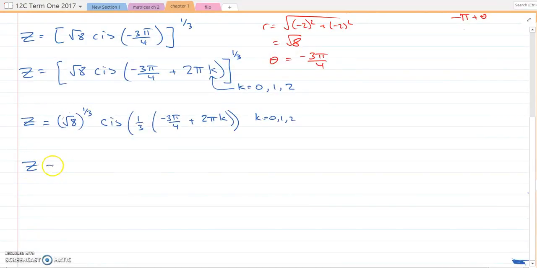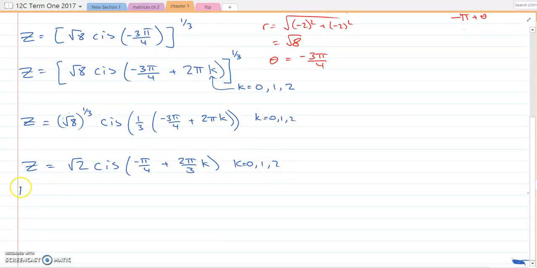The square root of 8 to the 1/3 power is the square root of 2. Then I multiply the 1/3 out into the brackets: I get minus pi over 4, because the 3 and 3 cancel, plus 2 pi over 3 times k, k equals 0, 1, 2.